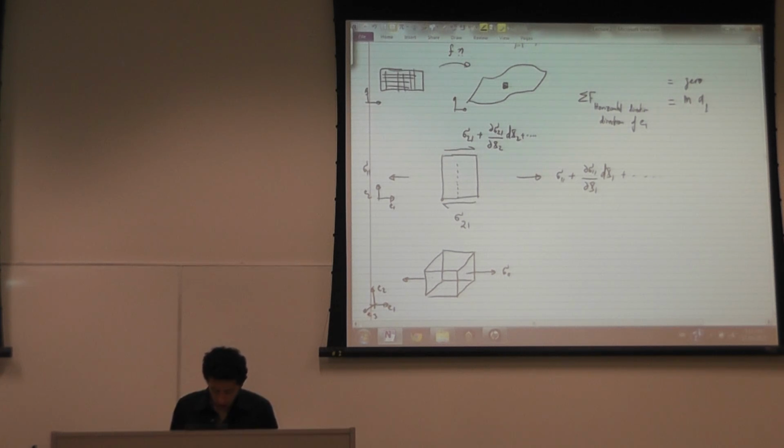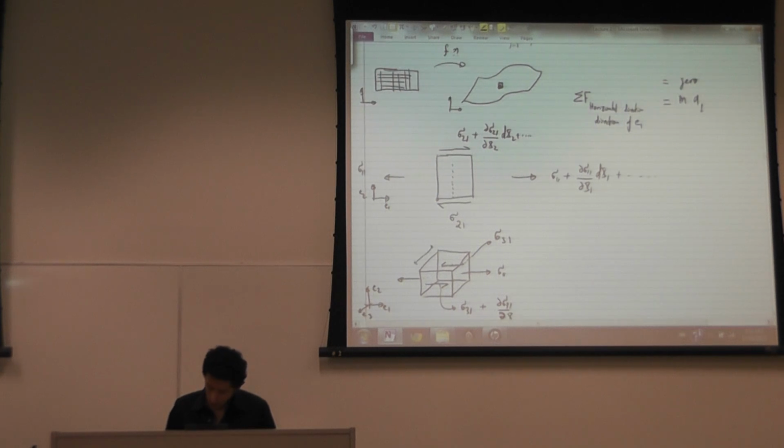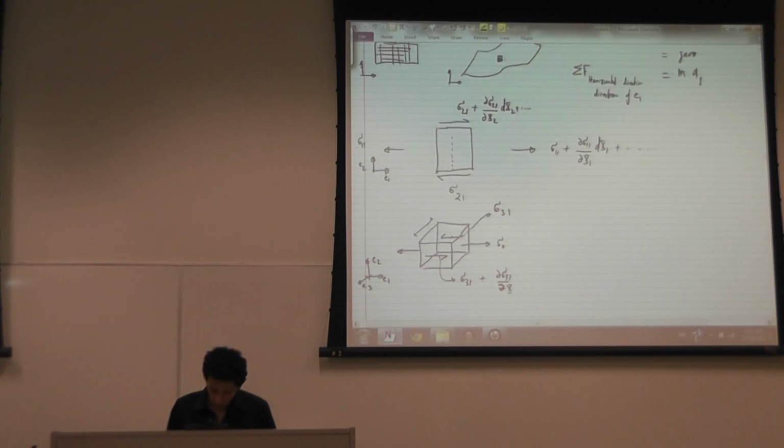I'm also interested in this force in the back here, which is sigma on the face 3 in the direction 1, and on the front face here, it's equal to sigma 3,1 plus how sigma 3,1 changes with respect to this component, multiplied by delta x3.